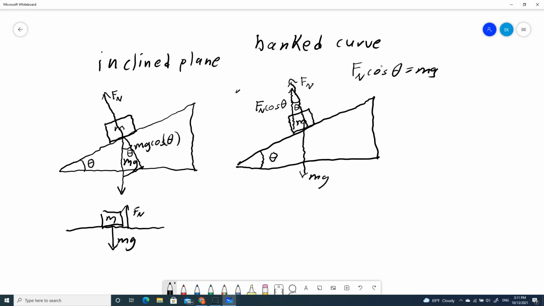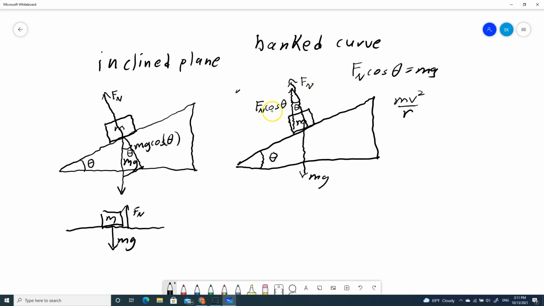Well, that's because now we have this new component. It is called centripetal force. And centripetal force, we all know that it's equal to mv squared over r. And let's say in this frictionless example, what happens is that the F_N also has another component.